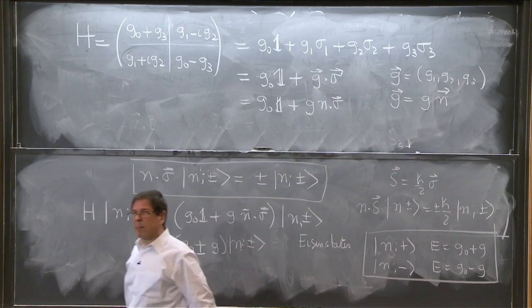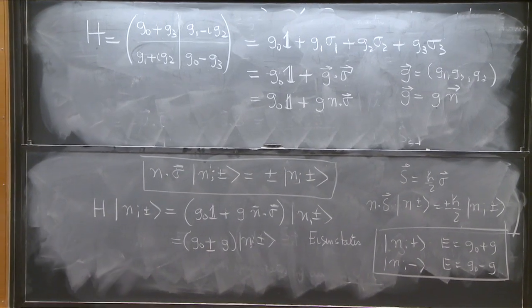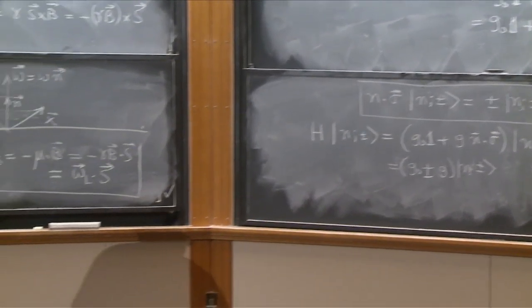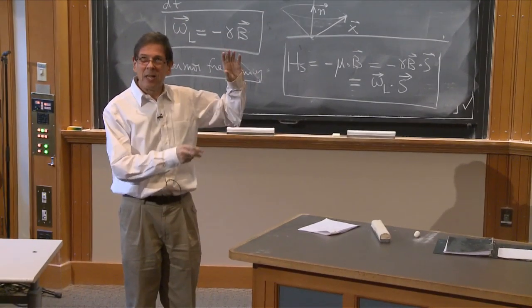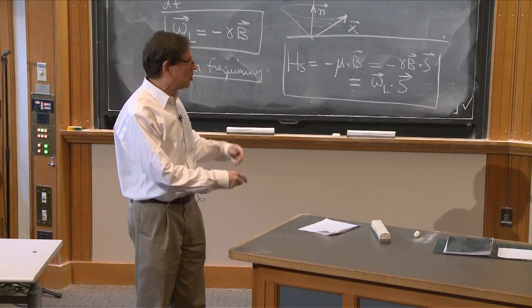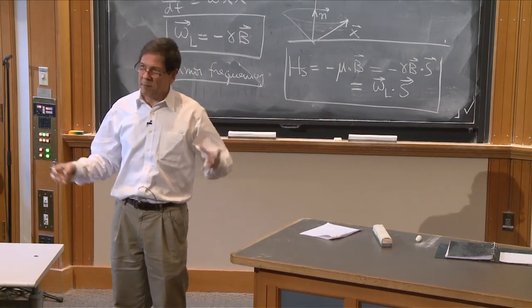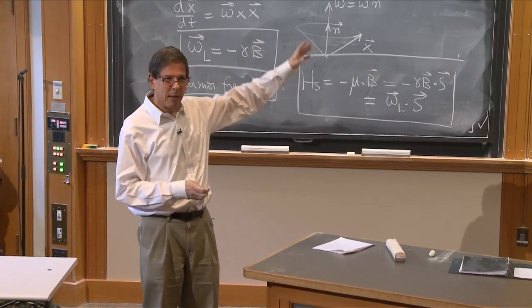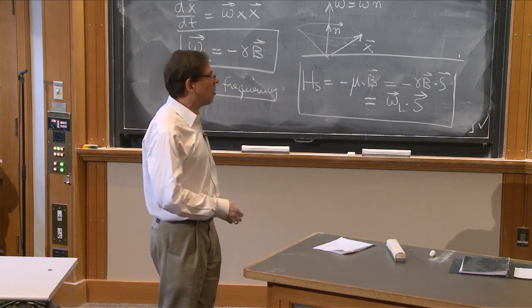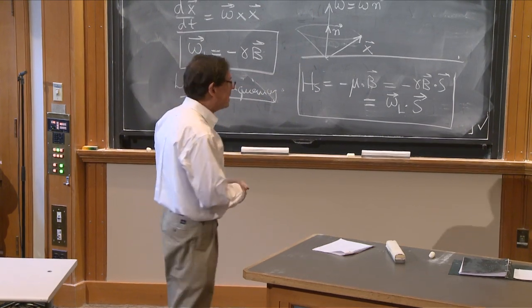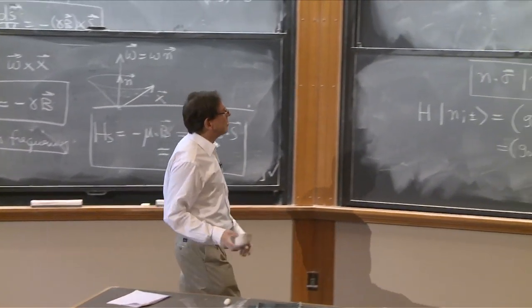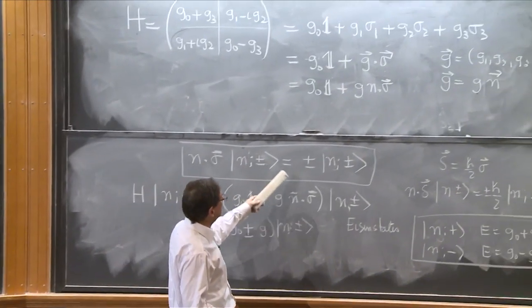So what we did by inventing the Pauli matrices and spin states and all that was solve for you the most general 2 by 2 Hermitian Hamiltonian. If you have a 2 by 2 Hermitian matrix, you don't have to diagonalize it by hand. You know the answers are these states.